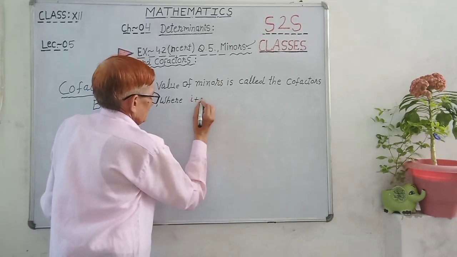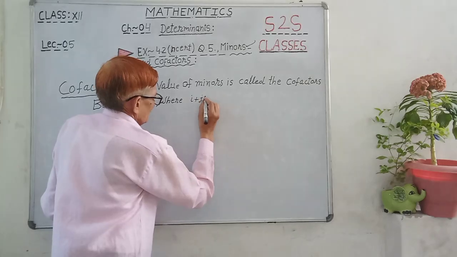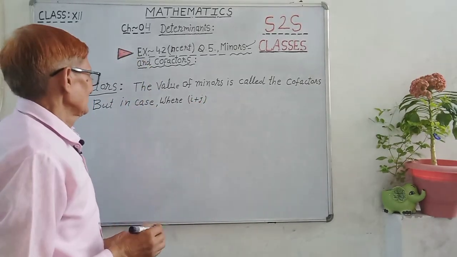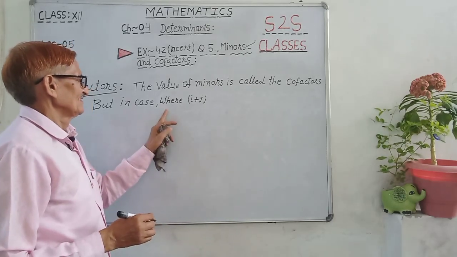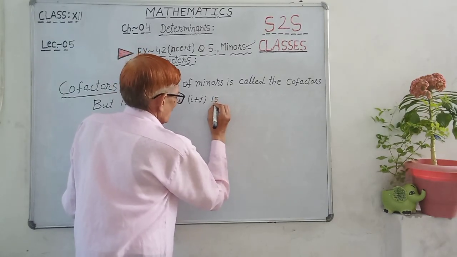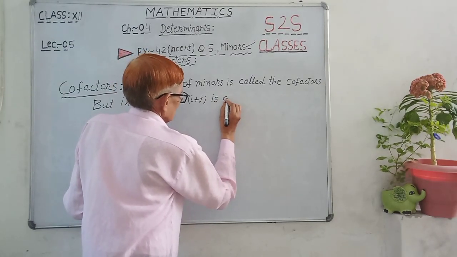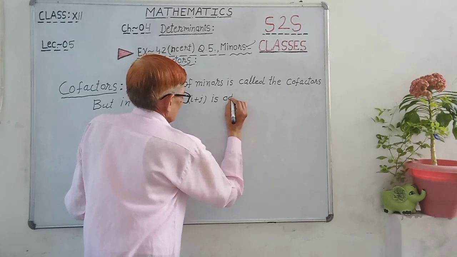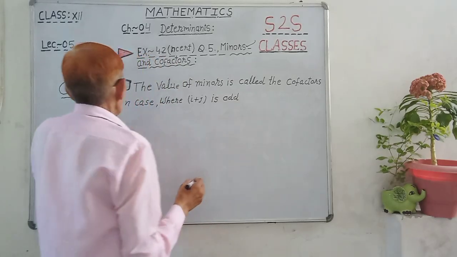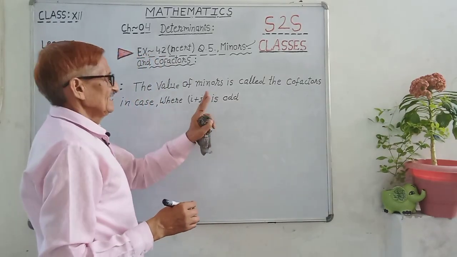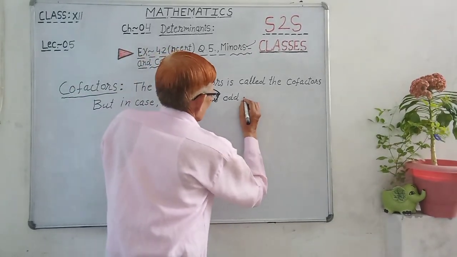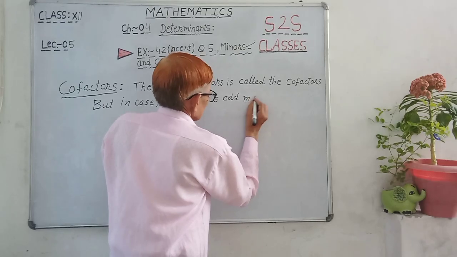But in case where i plus j is odd, multiply by -1 to the minor.